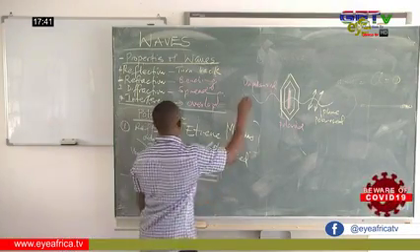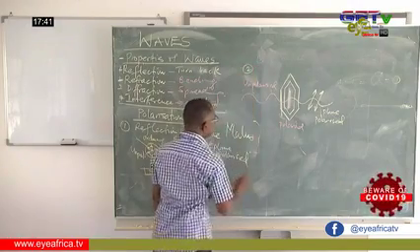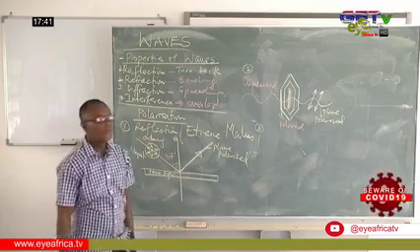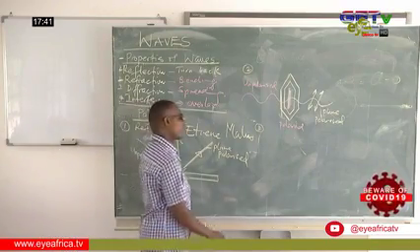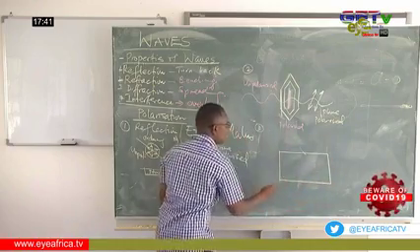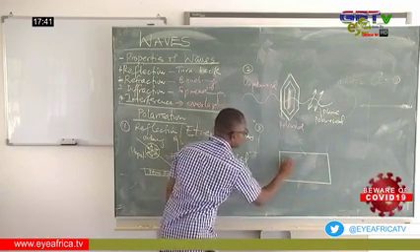So we have the third type of polarization, which is polarization by double refraction. Calcite is a material that has double refraction. Double means two. So now we have calcite, let's say.